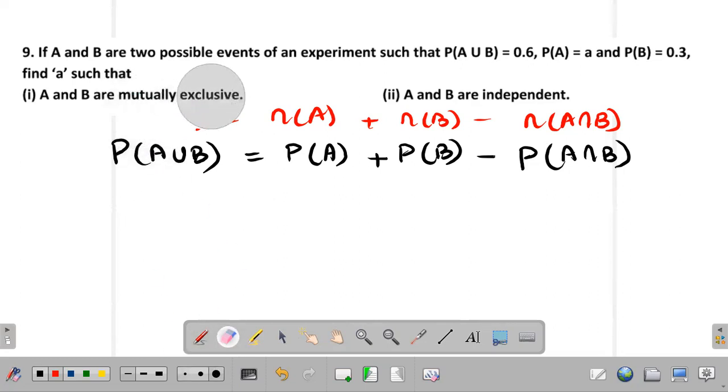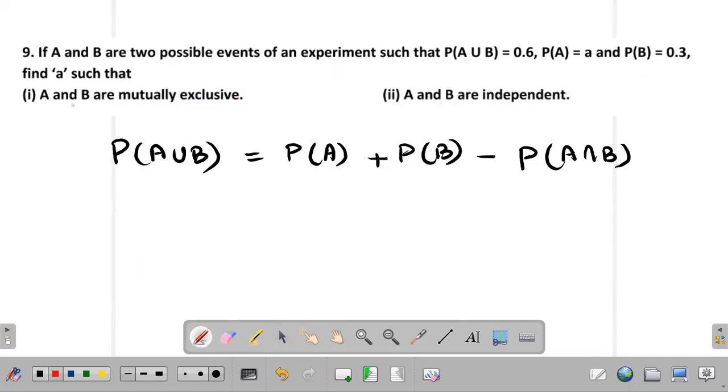Coming to the question that is asked, we are talking about mutually exclusive and independent events. A and B are mutually exclusive means the probability that A and B happen is equal to 0. Mutually exclusive means happening of A will prevent happening of B and vice versa. Both will not happen together. So P of A intersection B will be 0 when the events are mutually exclusive.